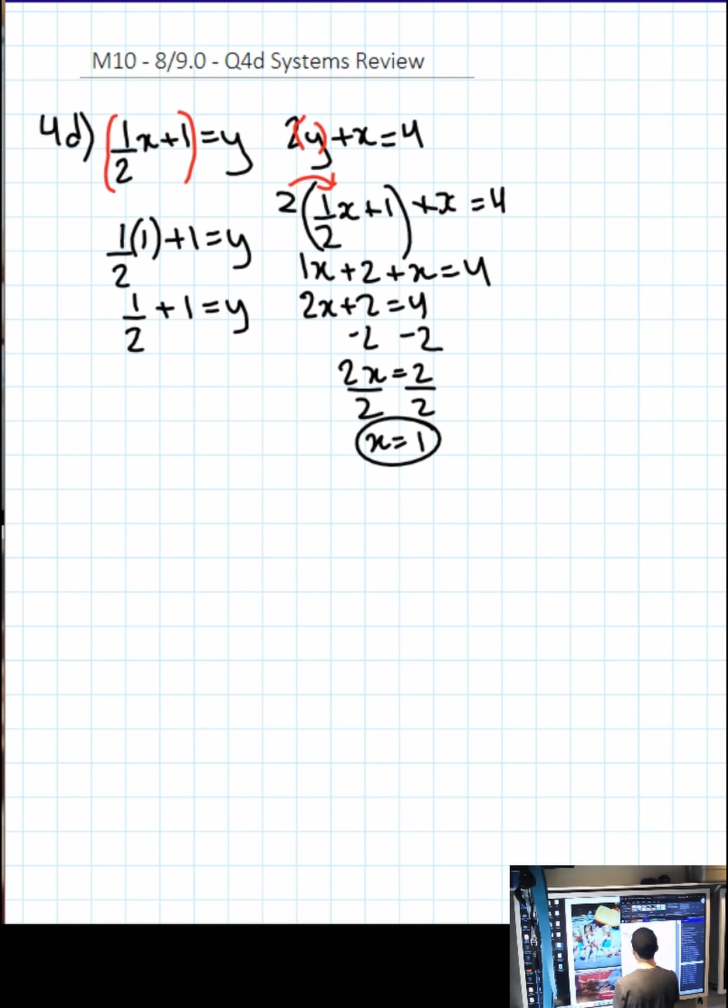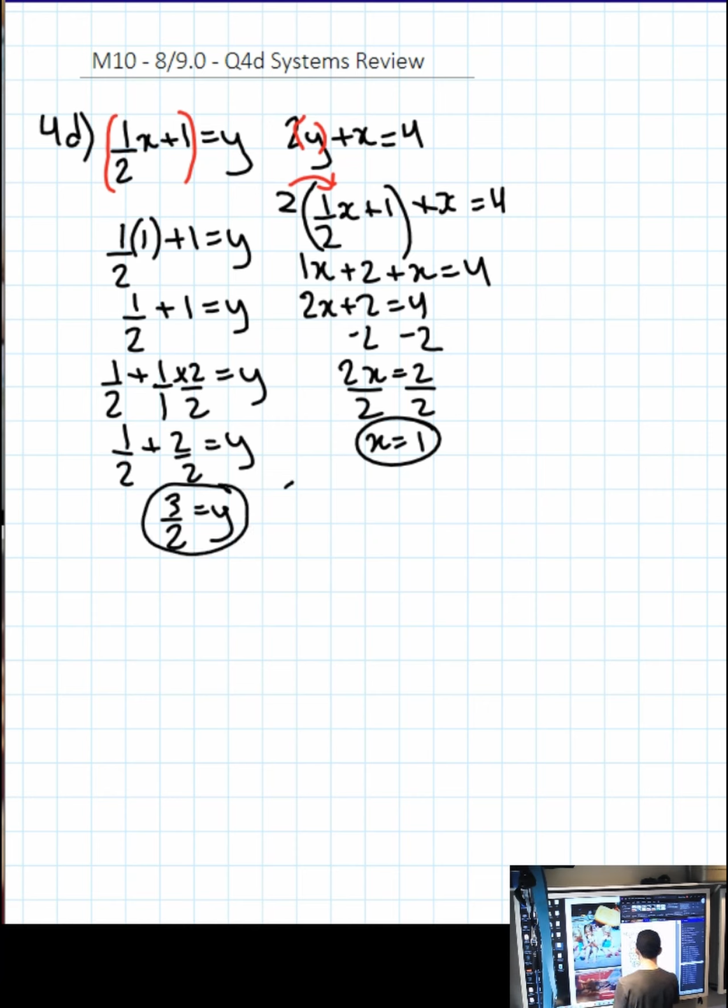I can add fractions. So that'll be 1 over 2 plus 1 over 1. We have to times the top and bottom by 2. Therefore, we get 1 over 2 plus 2 over 2 equals y. Therefore, we get 3 over 2 equals y. Circle our answer and immediately write down the intersection, 1, 3 over 2, or 1.5.